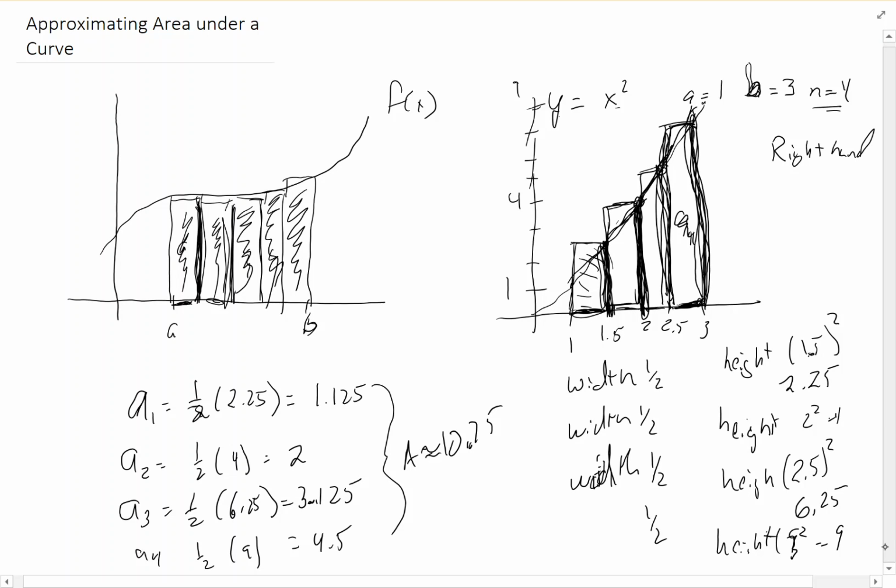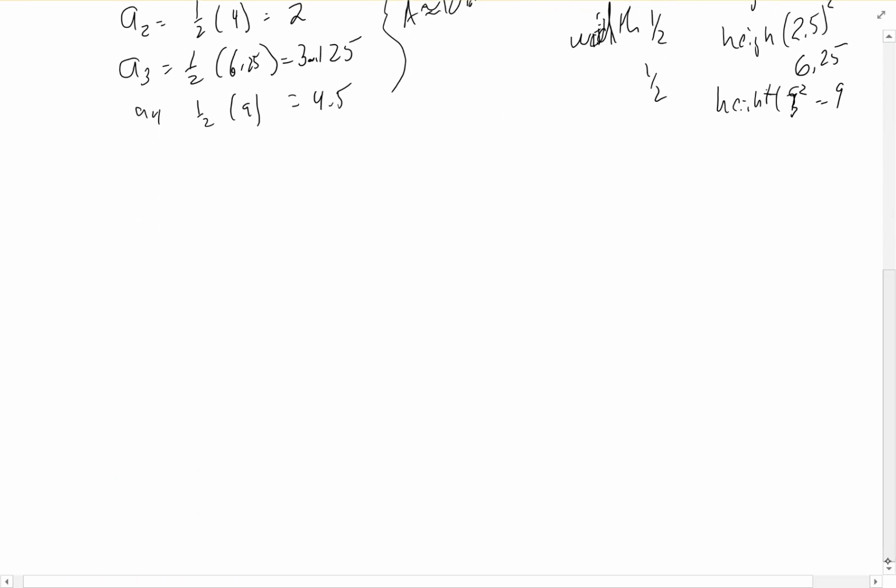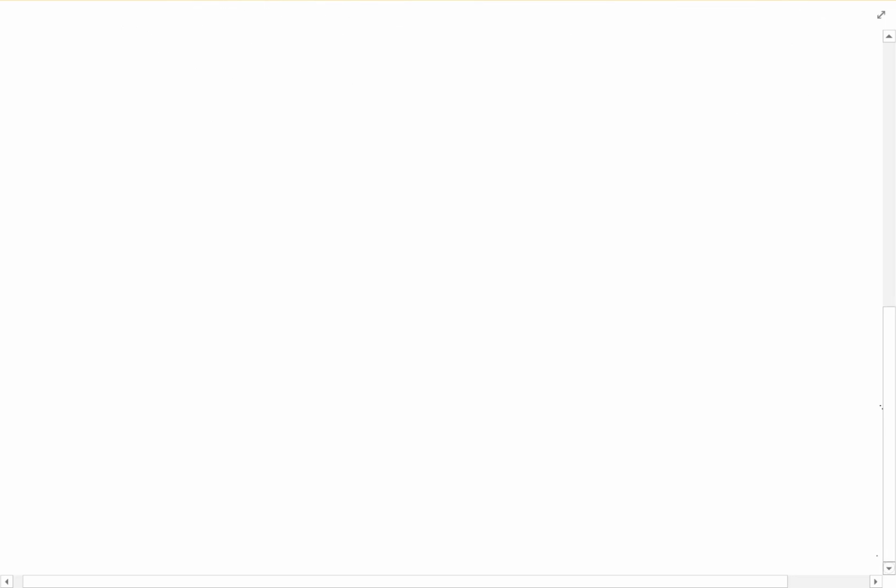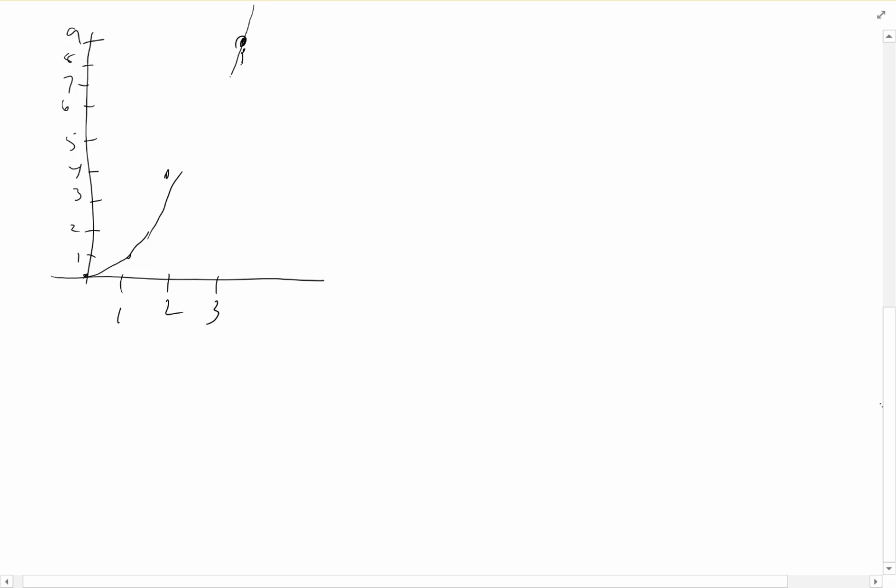We could have just as easily used the left-hand rule instead of drawing my rectangles this way. So here's the y equals x squared graph again.